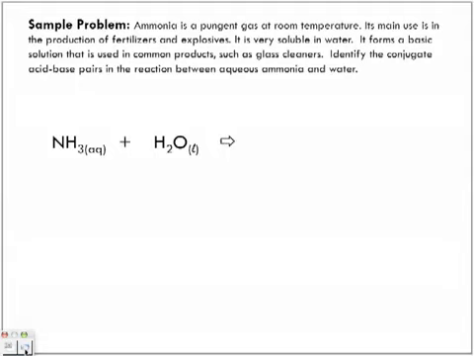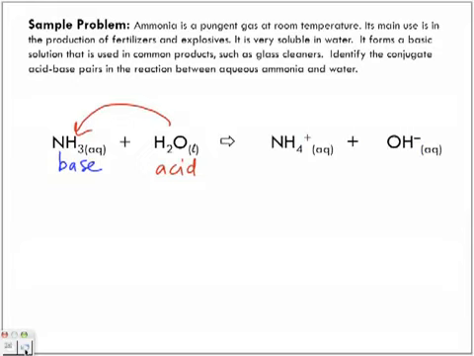Which one of these two is going to act as the acid? The water. Which means the ammonia is the one that's going to act as the base. So which one of these two is going to give up the hydrogen proton? The water is going to give up the hydrogen to the ammonia, to form NH4, the ammonium ion, and the hydroxide ion.